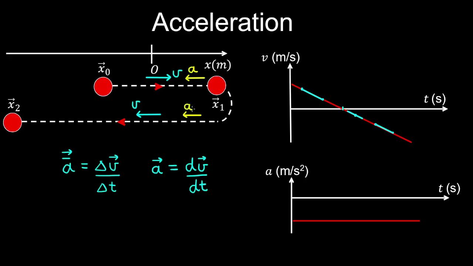So therefore the acceleration is a vector quantity, which has a length and a direction. So when the acceleration points against the velocity, the particle is decelerating or slowing down. And when the acceleration points in the same direction as the velocity, the particle is accelerating or speeding up.